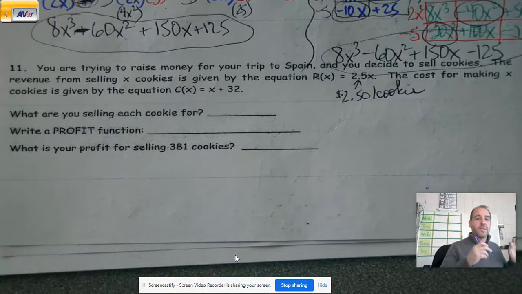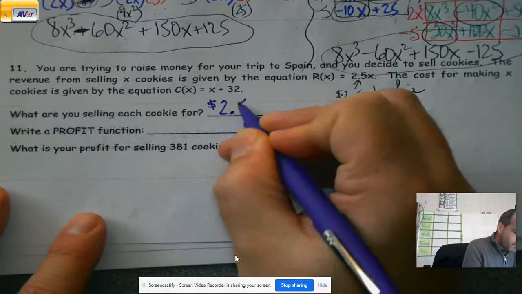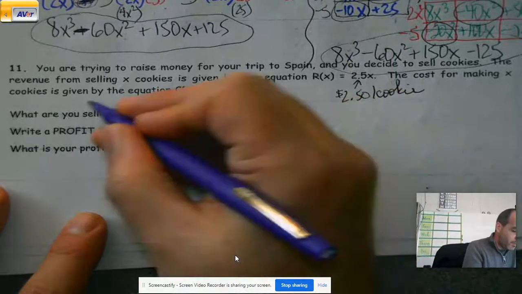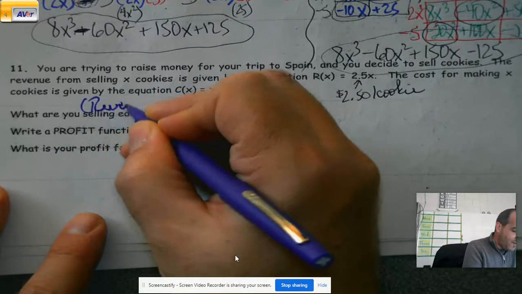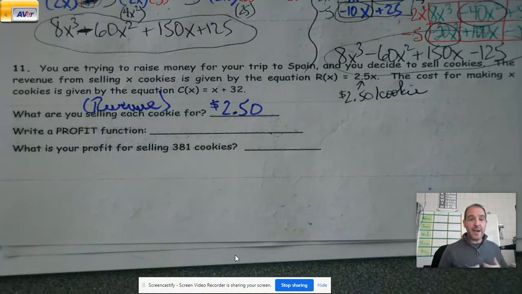So, what are you selling each cookie for? It doesn't mean you're selling it for money for a trip to Spain, okay? That revenue number is telling you how much I'm getting for every cookie. That's basically what the question's asking.